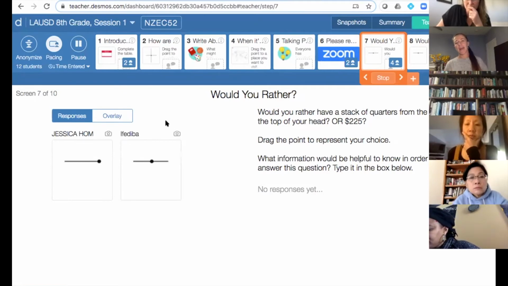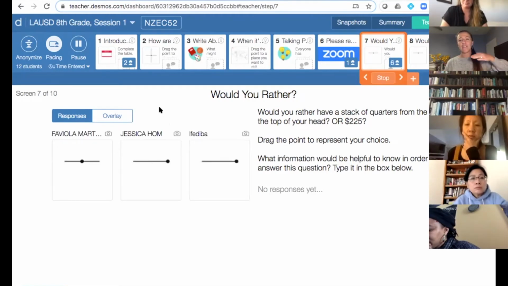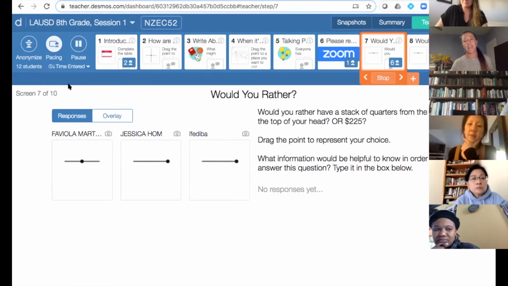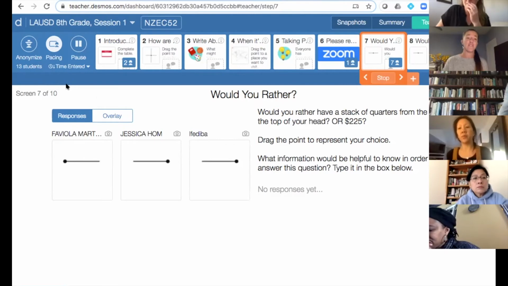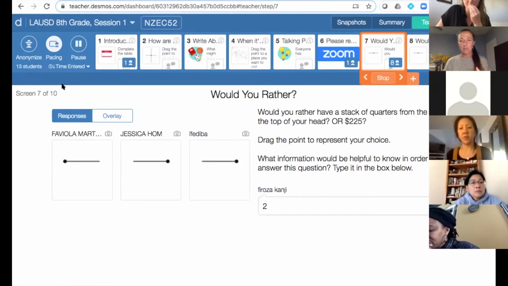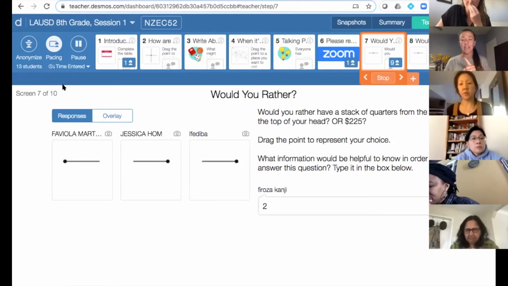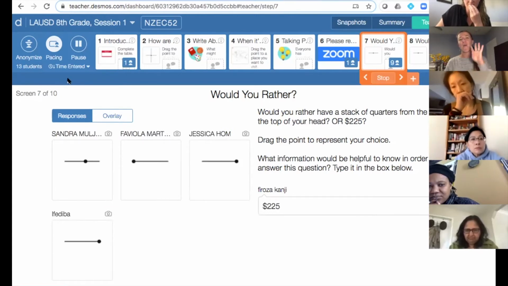Would you rather have a stack of quarters from the floor to the top of your head or $225? I'm going to give you 10 more seconds to answer that question. 5, 4, 3, 2, 1.